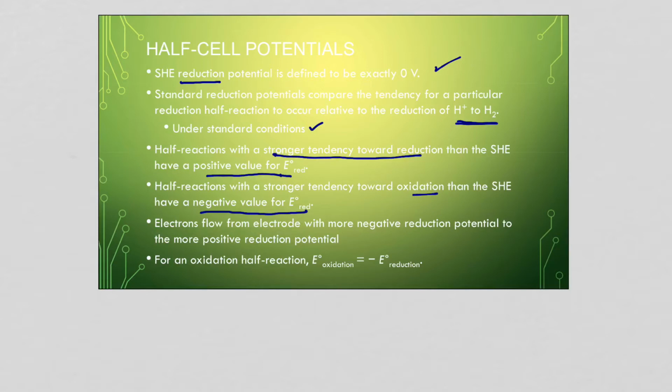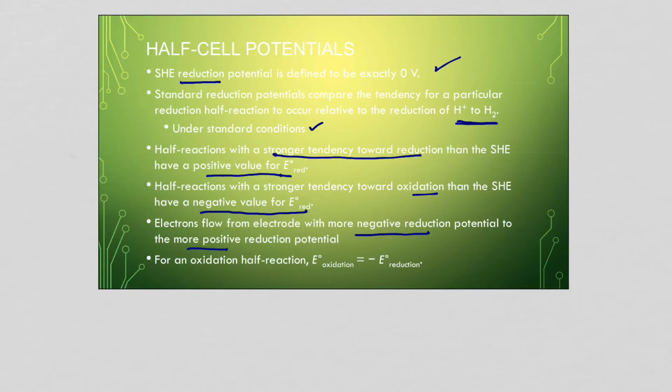And now that we have this whole series, we can start to pick and choose things from this series, right? And if we pair, we're always going to see electrons flow from the more negative reduction potential to the more positive reduction potential.